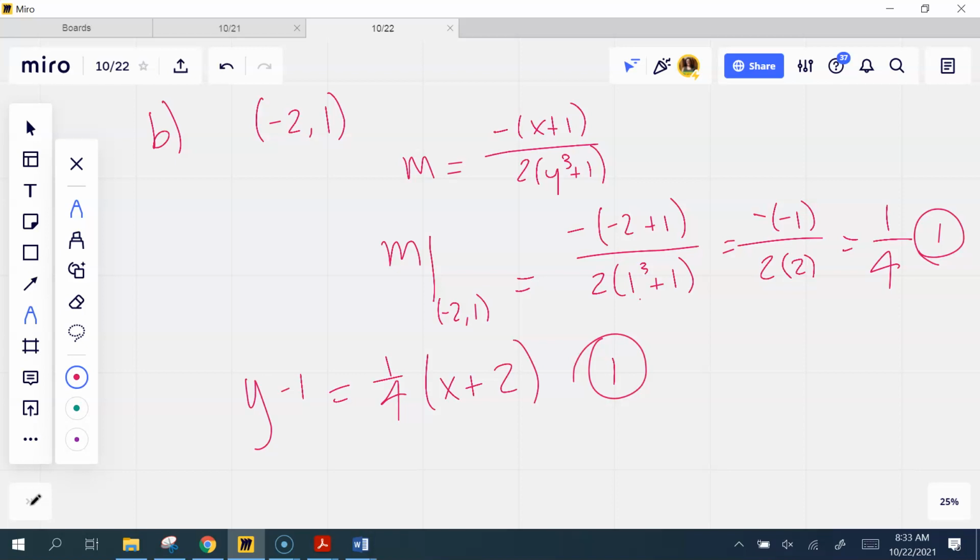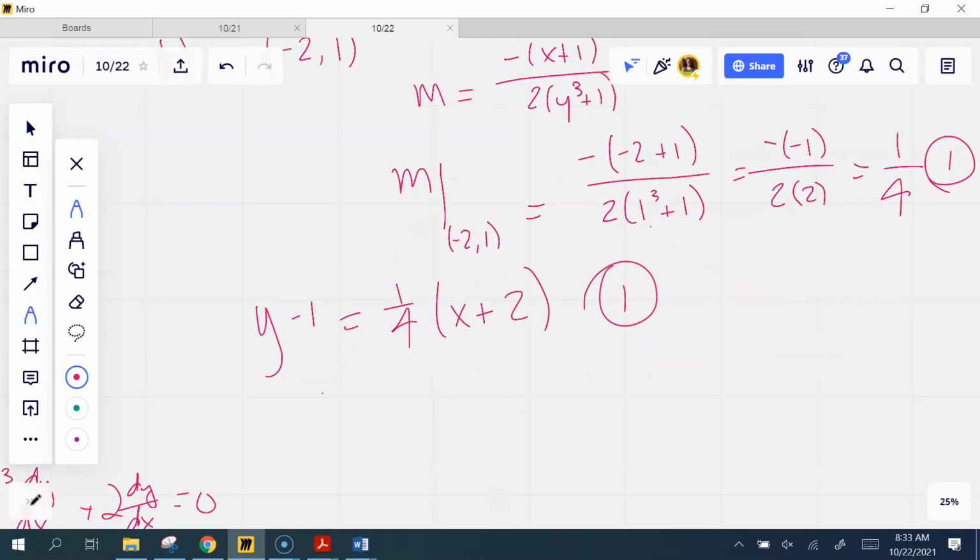It did not specify the form that your line needed to be in. So I would leave it like that. On their answer key, they solved it for y, so they had y equals 1 plus 1/4 (x plus 2). But either way, it doesn't matter. Yeah. I put this and just left it like that. Don't even get past A. Yeah, you have to get the specific slope.